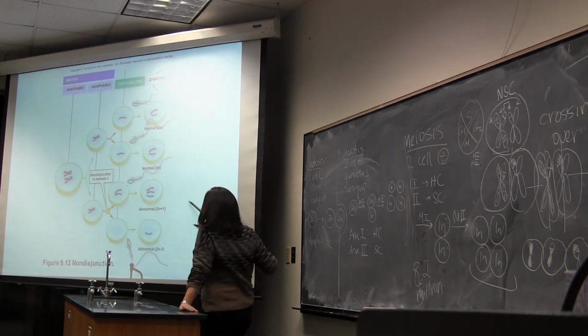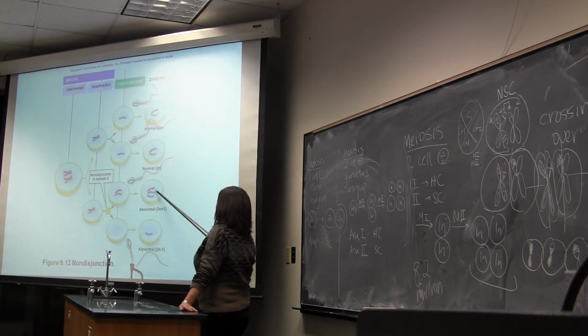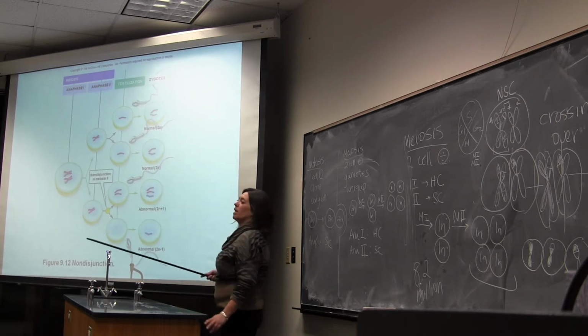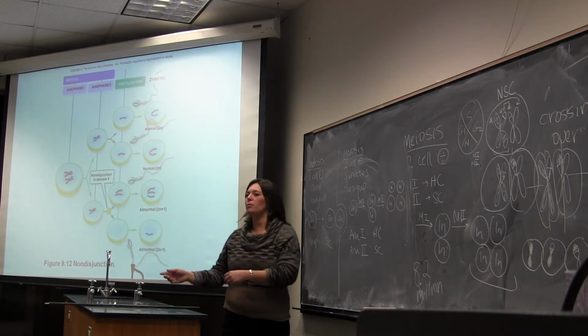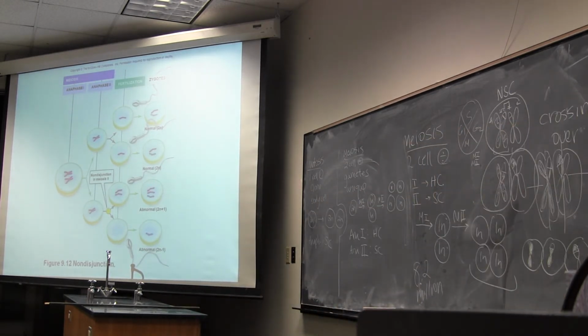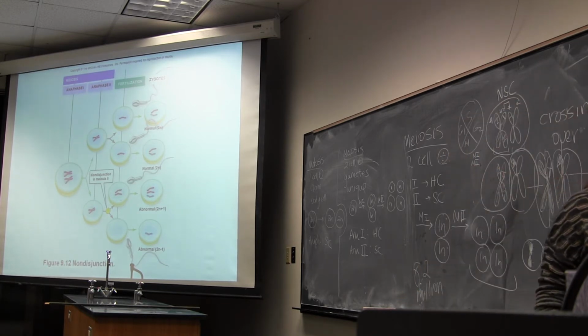So then after fertilization, you bring in your male, and now you've got an extra copy of a chromosome. Whereas this one doesn't have any copies of that chromosome. So it messes up the number of copies of DNA, or copies of particular genes that you're supposed to have. And so again, this can occur either in meiosis 1 or in meiosis 2. So during anaphase 1 or during anaphase 2.